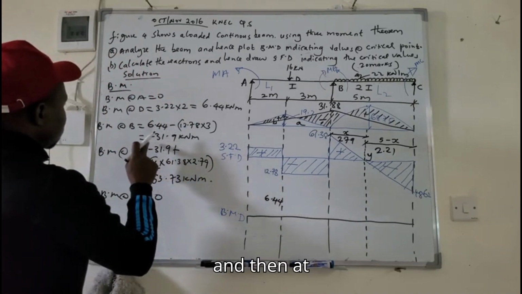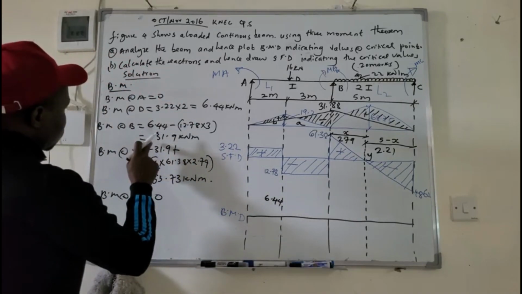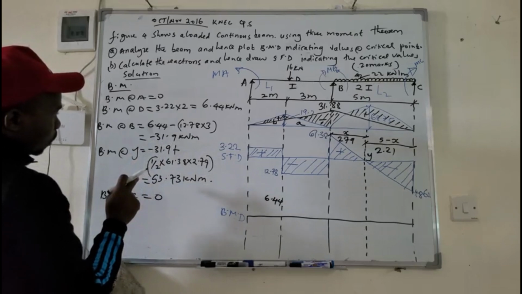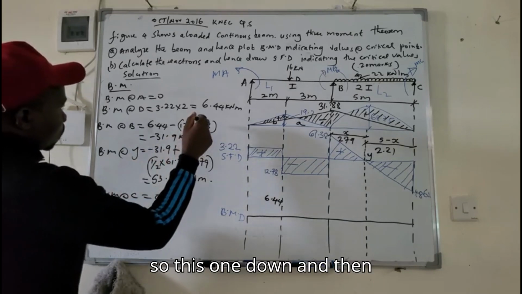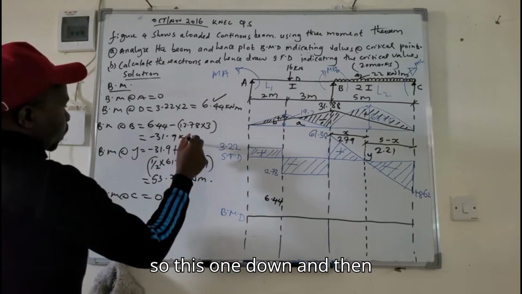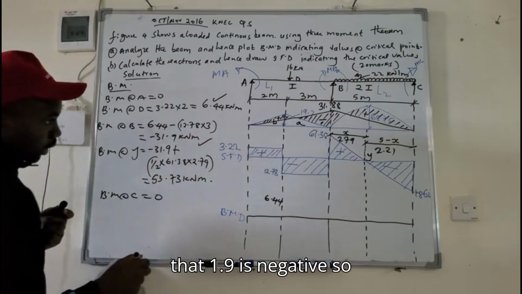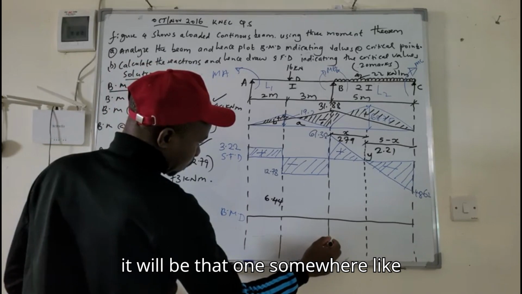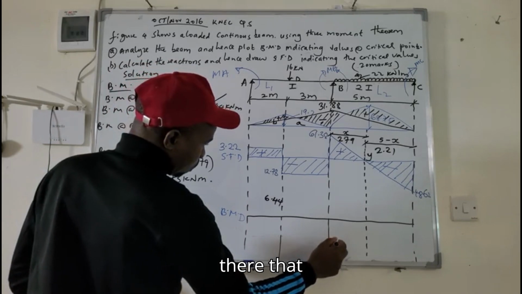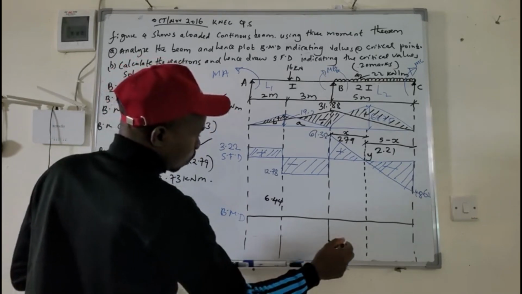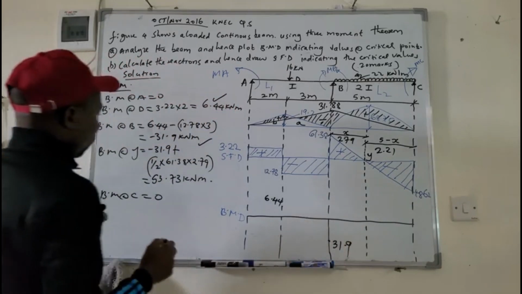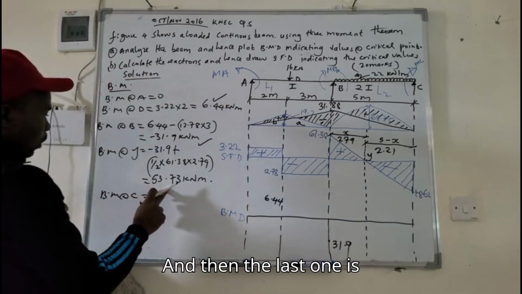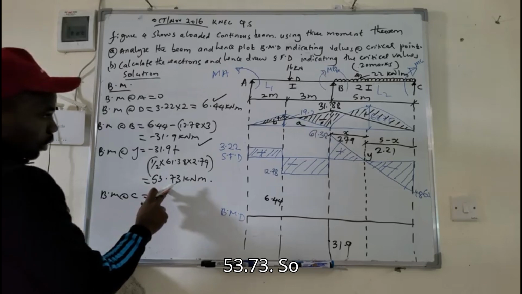And then at B you have, so this one down, and that 31.9 is negative. So it will be that one somewhere like there. And then the last one is 53.73.